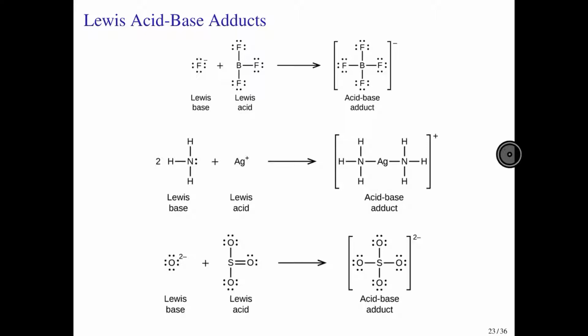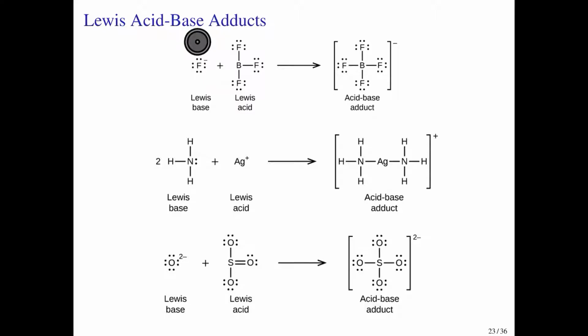Here are some additional examples. In this reaction between the fluoride ion and boron trifluoride, we note that boron trifluoride is an electron-deficient species. That is, there are only 6 valence electrons around the boron.